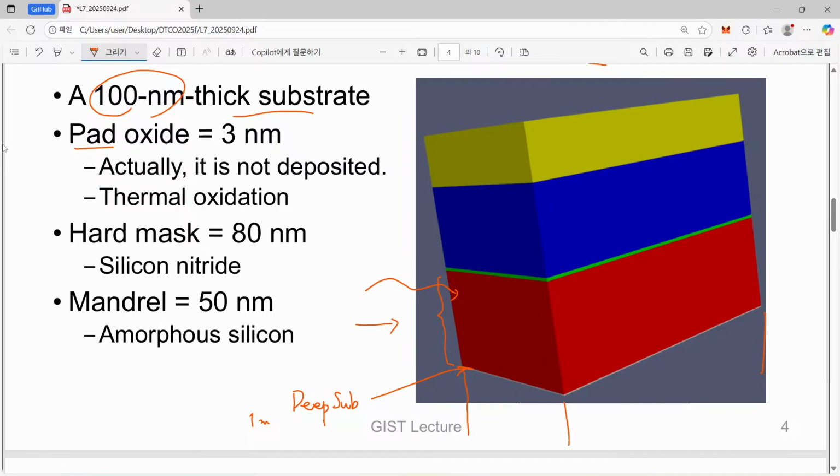substrate. So its thickness depends on case, but maybe you can find out how I can find out these numbers. Although I was hired by Samsung Electronics for 2 years, this kind of number is not disclosed to everybody.